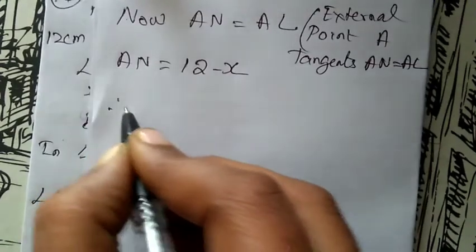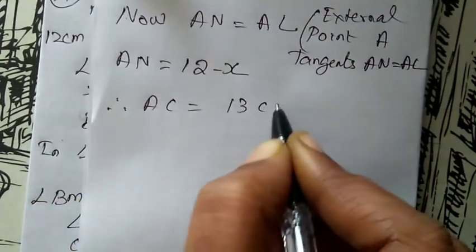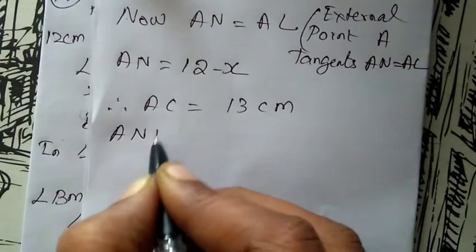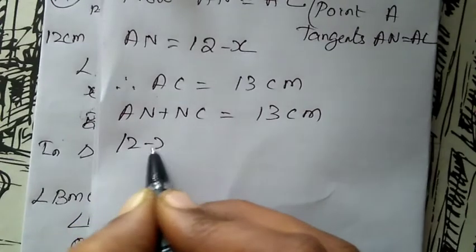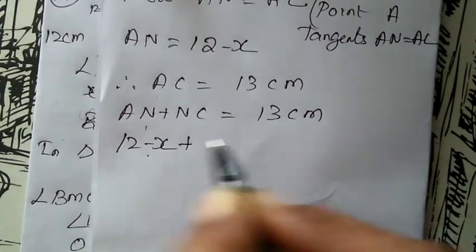So, we substitute now. AC is 13 centimeter. AC can be written as AN plus NC is 13 centimeter. AN is 12 minus x.